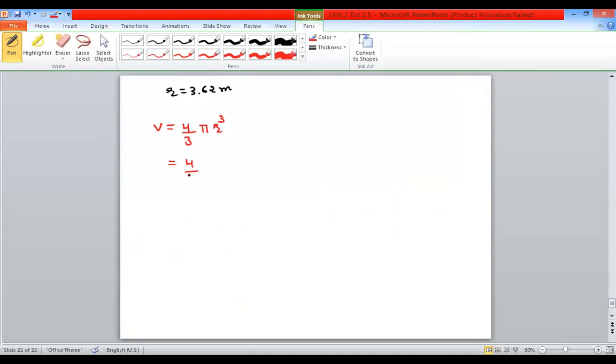Put the whole thing: 22/7 times r, the cube of 3.62 meter. And meter cube is meter cube. Take the product and divide.